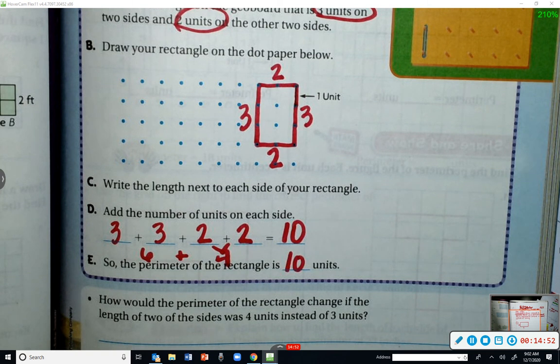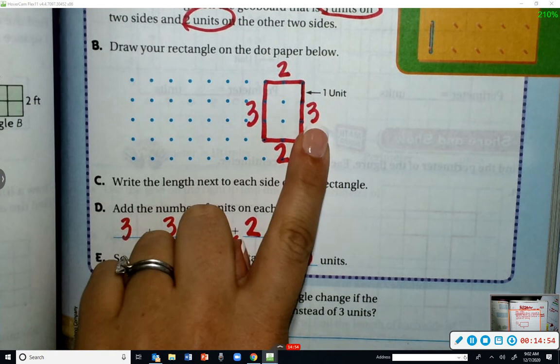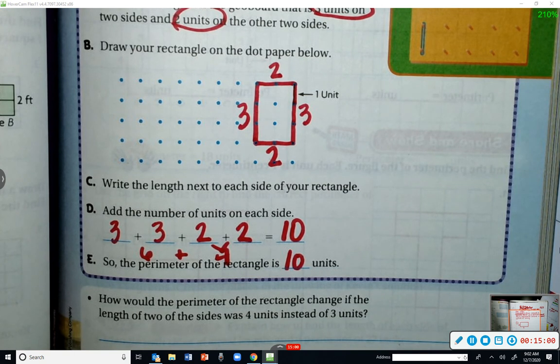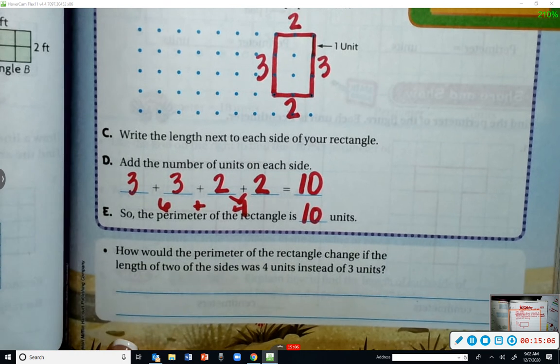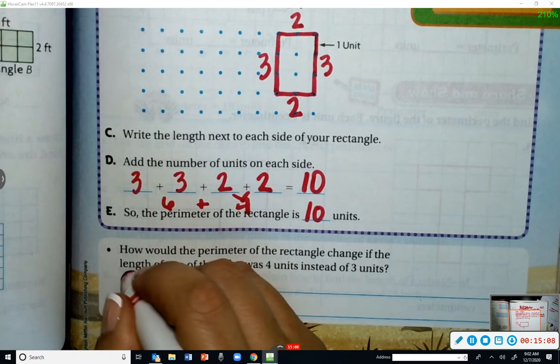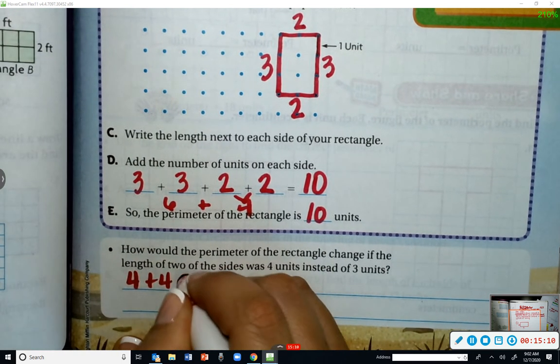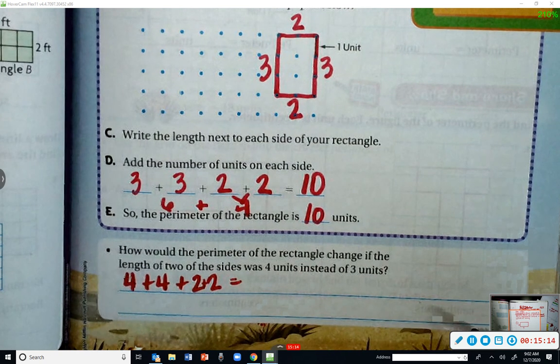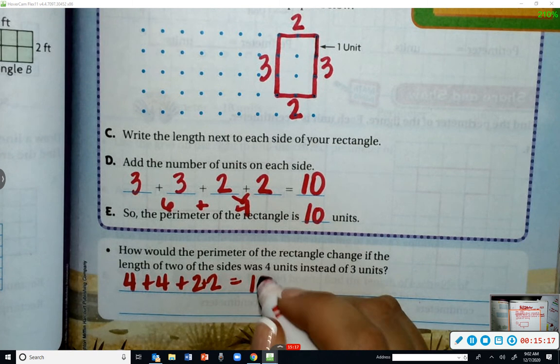It would go down? If I make these a 4, it's going to go down? No, it's going to go up. By how many? If you change them to 4 and we add them up, it's going to be 4 plus 4 plus 2 plus 2. Good. So my perimeter would end up being 12, right? It goes up 2 units.